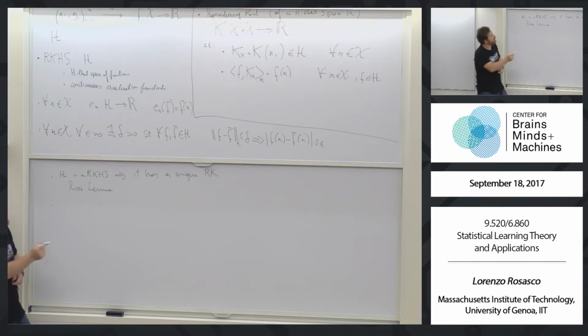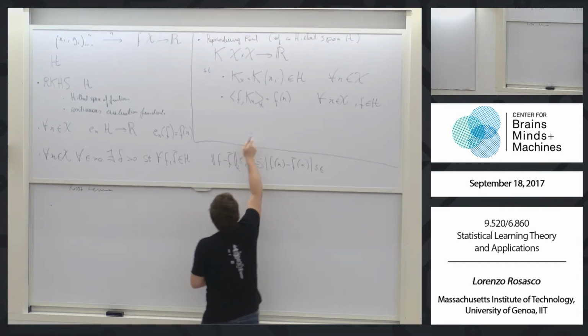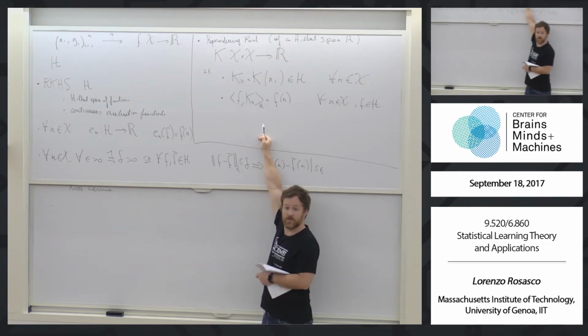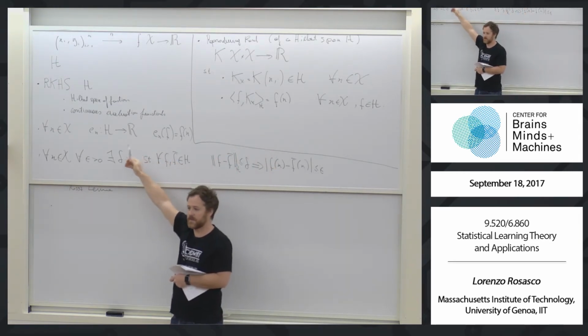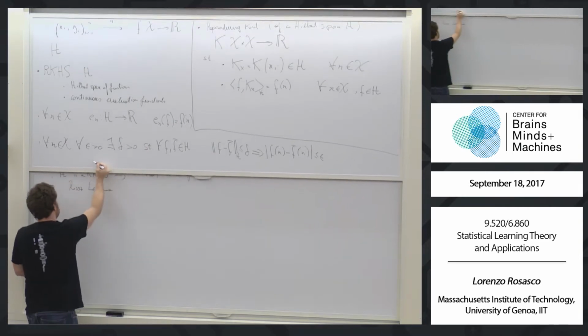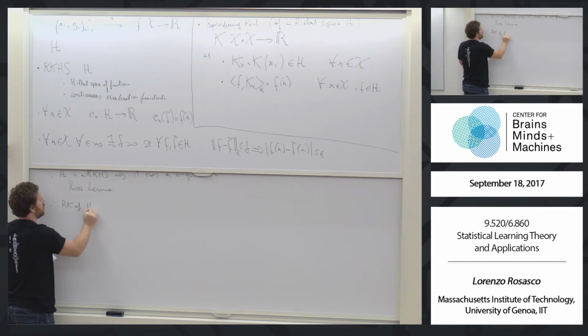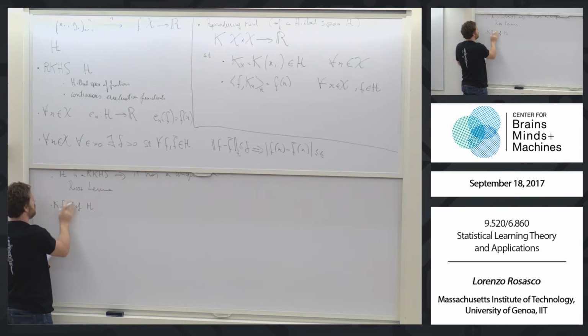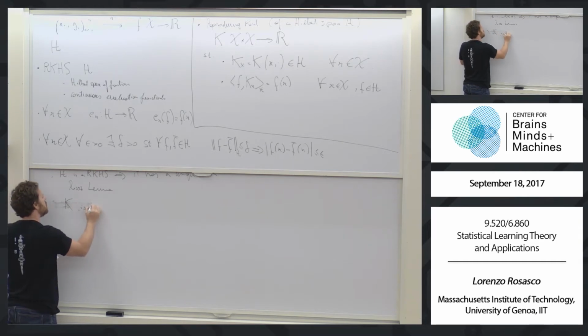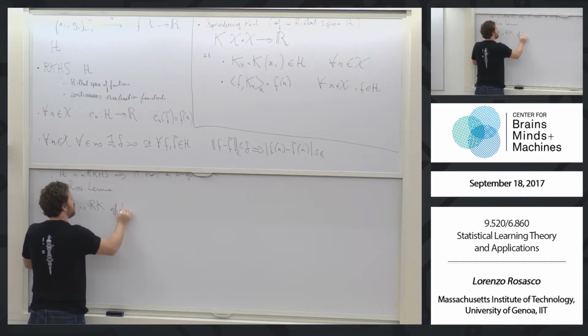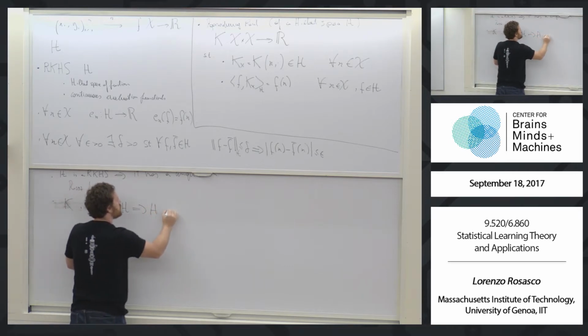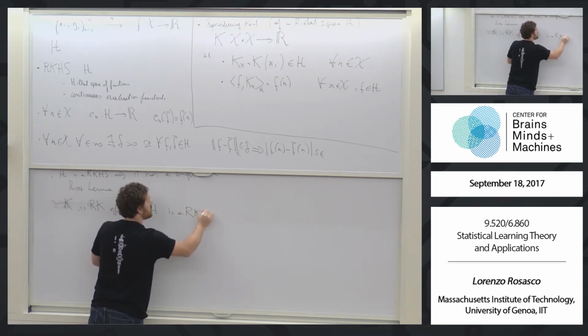So if I assume that I have a space H with this special function, K, the reproducing kernel of H, then H is an RKHS.